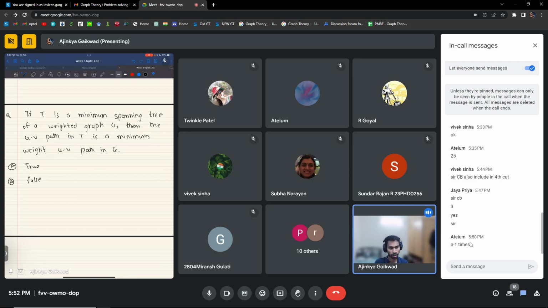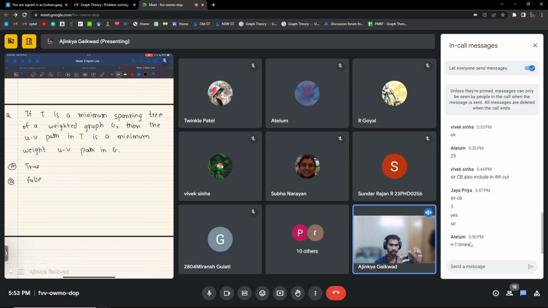Let's say you have some graph G and then you ran Kruskal's algorithm or Prim's algorithm, or some other algorithm for that matter, and you got a minimum spanning tree T of the graph G. Now, in the original graph, you have two vertices, let's say U, V. In the original graph, I have a shortest path from U to V of minimum weight, right? So a minimum weight path UV is there in my original graph G because the input graph is connected.